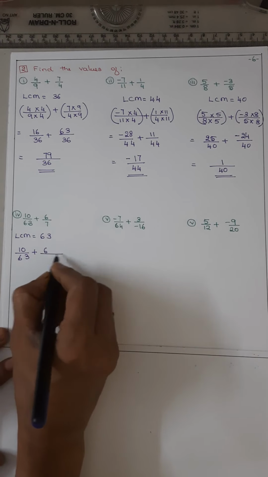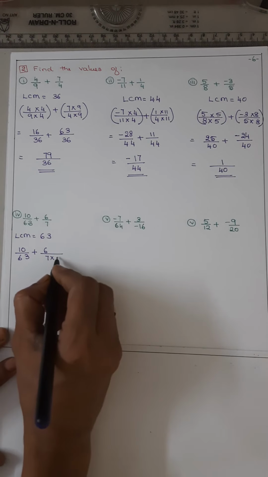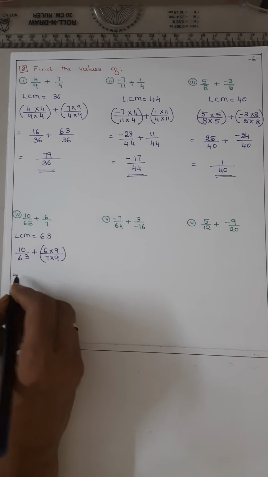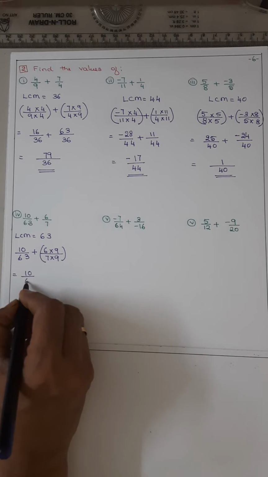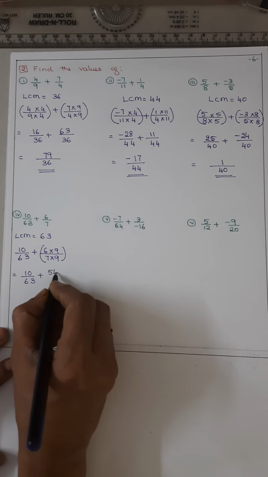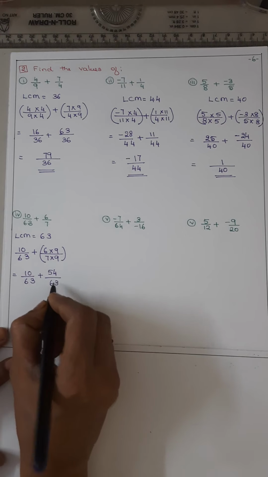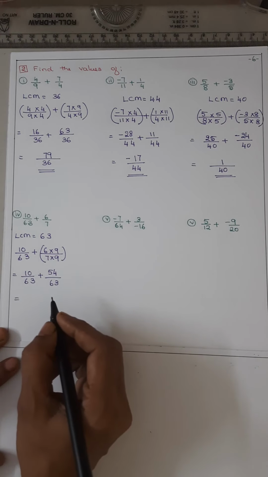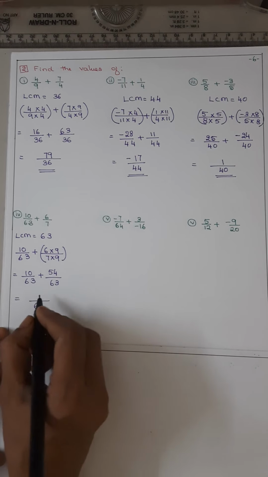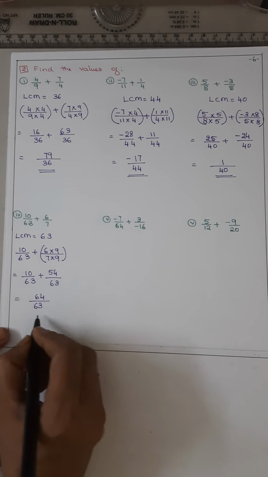Convert 7 into 63. 7 9s are 63. So it will be 10 by 63 plus 6 9s are 54 by 63. Both are positive. So denominator is 63. 10 plus 54 is 64.